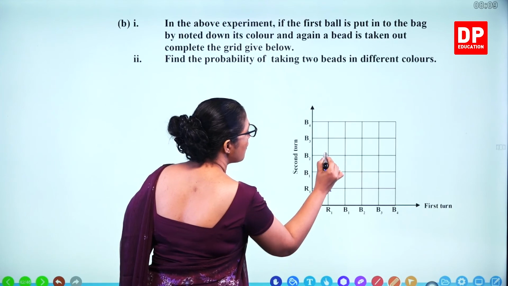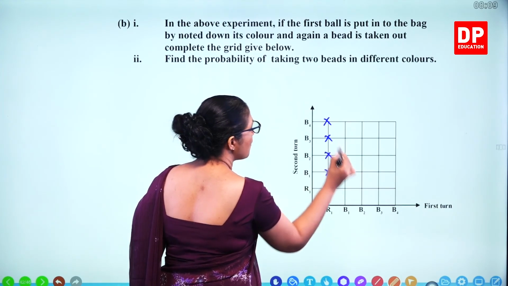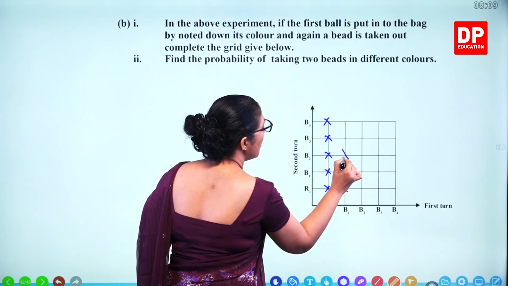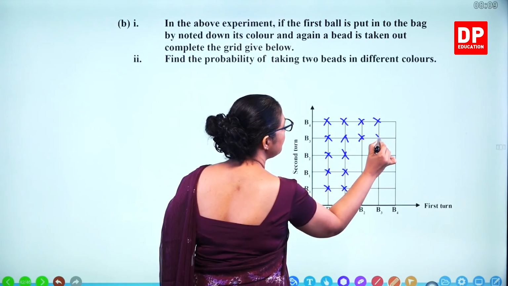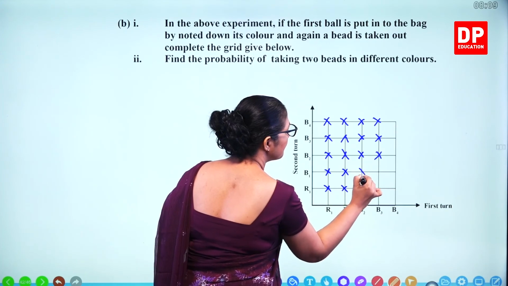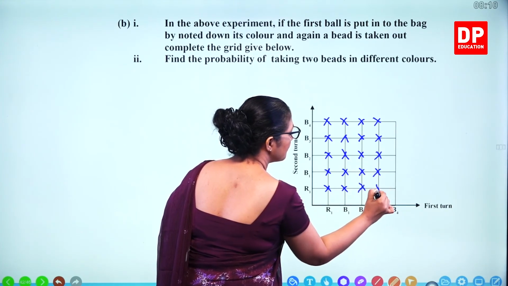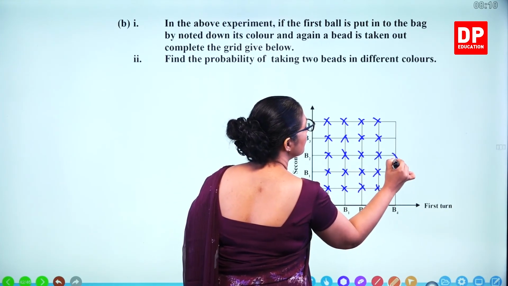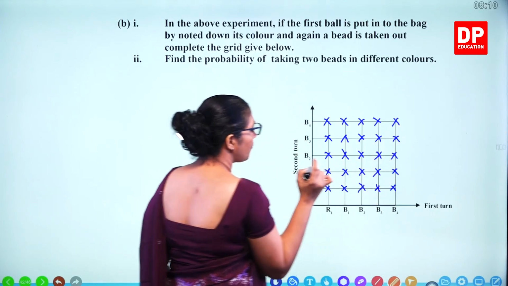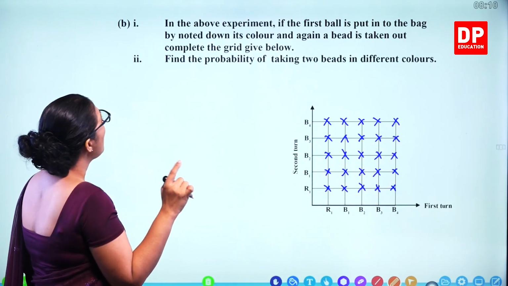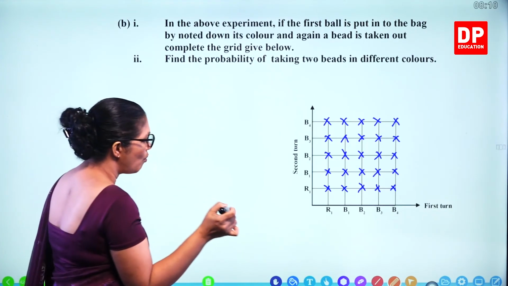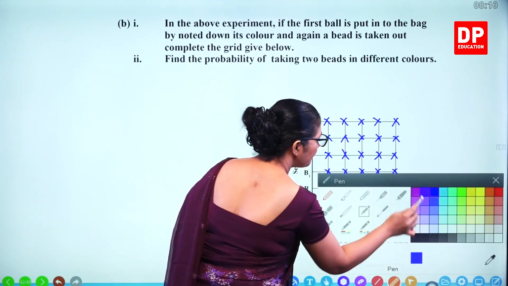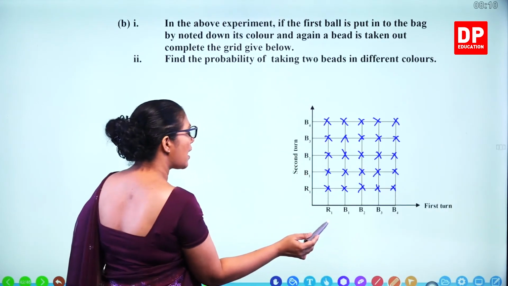So you can get all possibilities then. You can get R1 again with R1. So here all possibilities you can take. So find the probability of taking 2 beads in different colors. So what are the possibilities? Different colors.